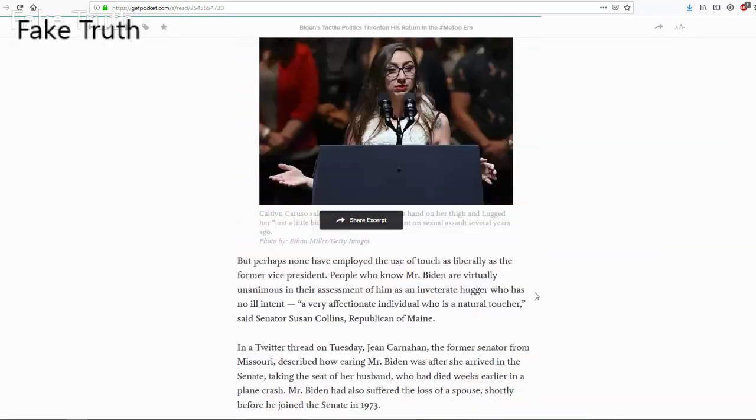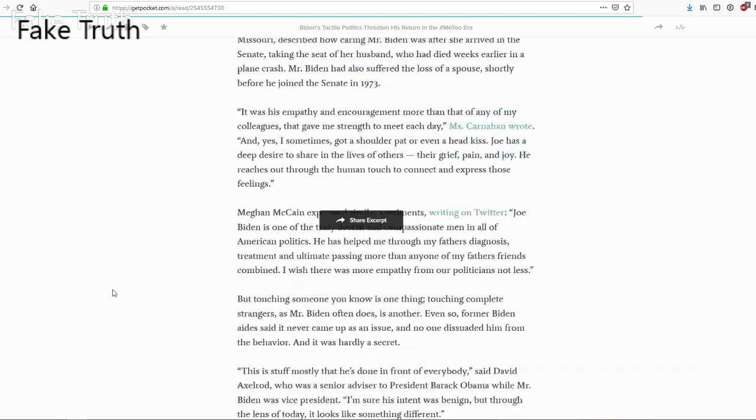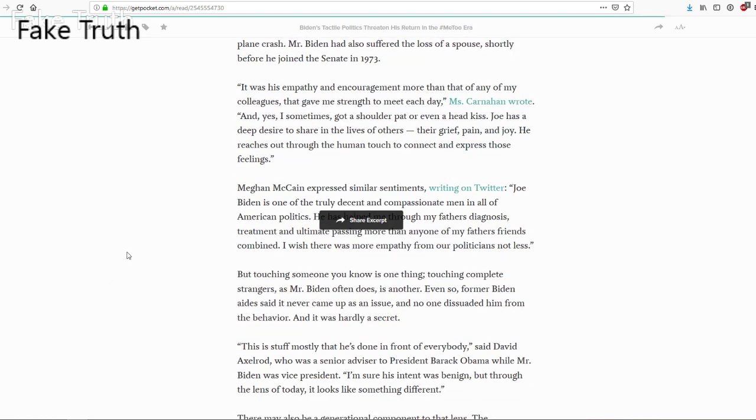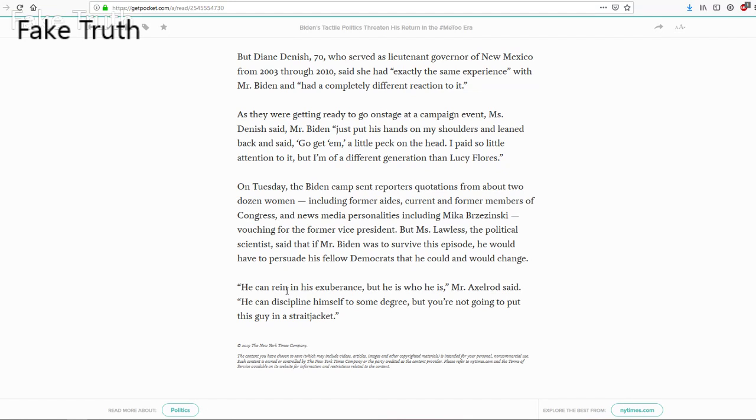And it's a really long article here from the LA Times explaining everything, why it's okay. He's a truly decent and compassionate man. This guy is just a fantastic guy. He can manage his zeros, but he is who he is. He can discipline himself to some degree, but you're not going to put this guy in a straitjacket, right?